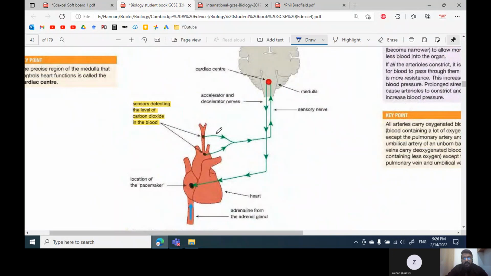These sensors are present in the aorta. So whenever the heart feels something like this, it would immediately start increasing the heart rate, and we would be able to sense that something is wrong here. So we start taking action about it.